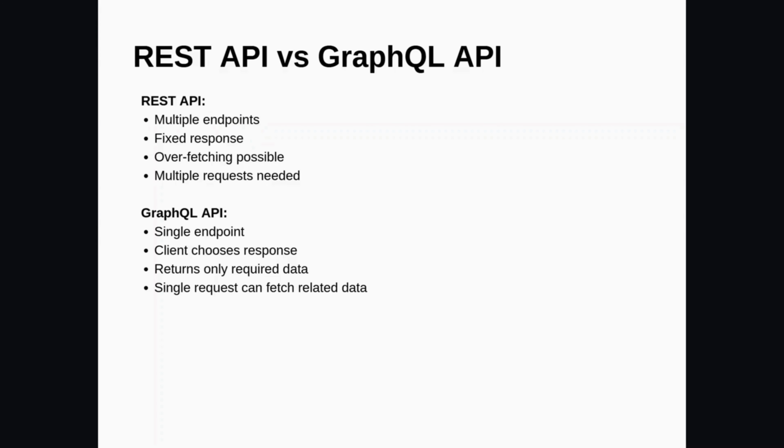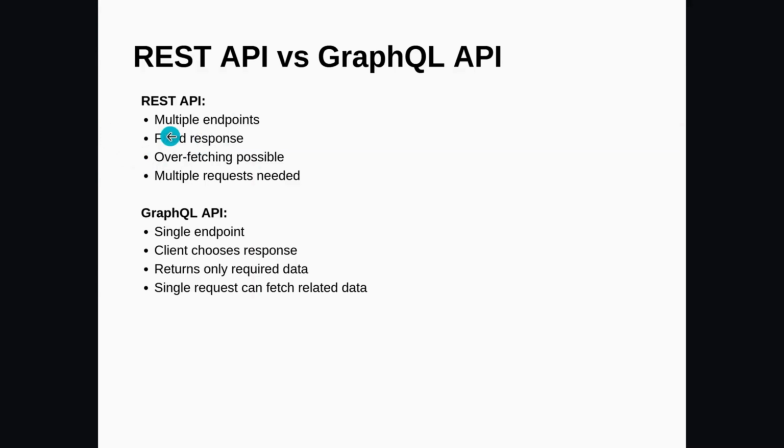Okay, if you know REST API, you know what I'm talking about. There are multiple endpoints, because suppose your website link is amazon.com, then at amazon.com slash users, you will get the user data. And when you type amazon.com slash orders, at that time you will get the order details.